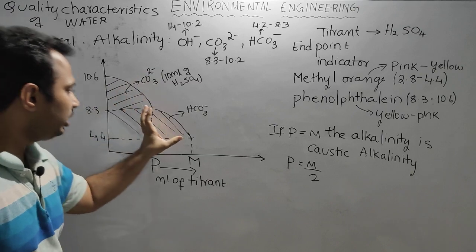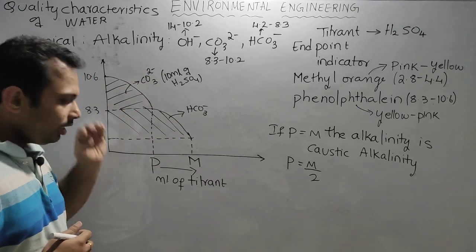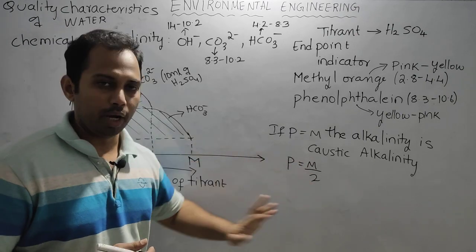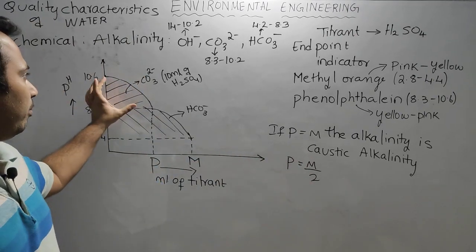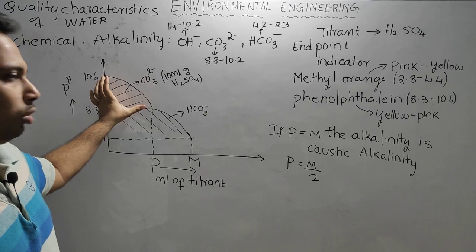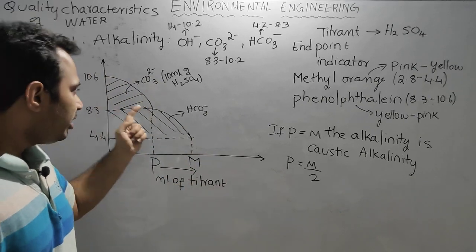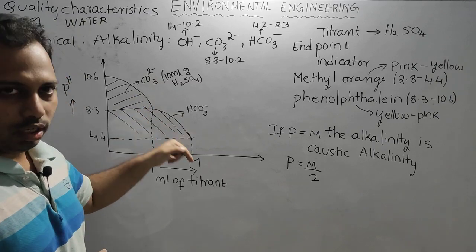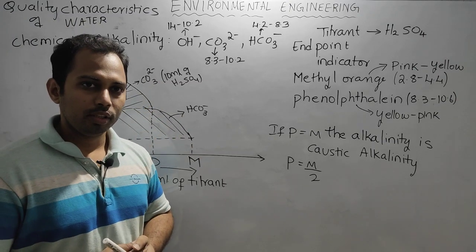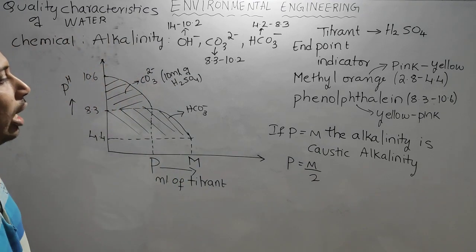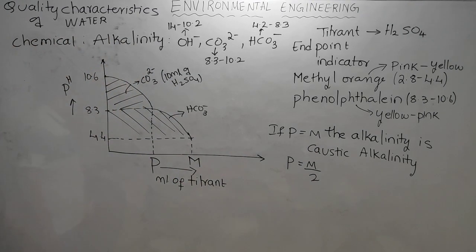When there is no inherent HCO3, only the HCO3 that comes from the neutralization of CO3 2- is present in this zone. In that case, P should be equal to M by 2. If 10 ml of titrant is needed for CO3 2- to become HCO3-, the same 10 ml is needed for this HCO3 to become H2CO3. So this condition is satisfied only when the alkalinity is completely carbonate alkalinity.